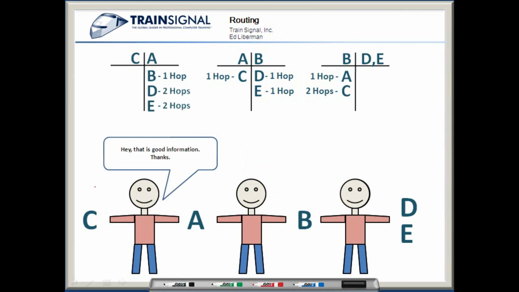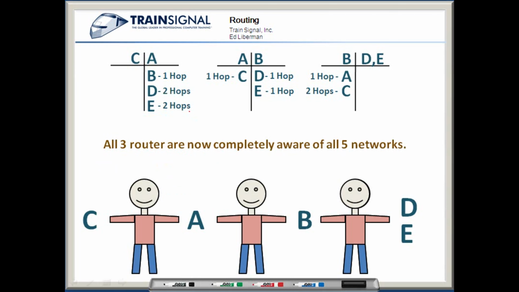Thanks. And as you can see here, this router has now added D and E, each being 2 hops, each going out to another router connected to network A. And now all 3 routers are completely aware of all 5 networks, right?